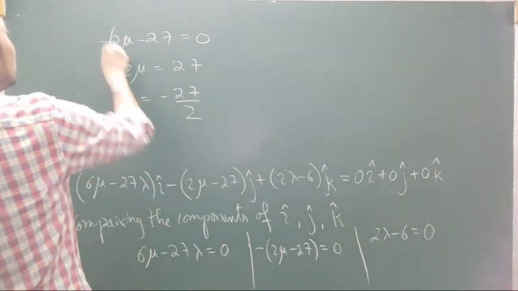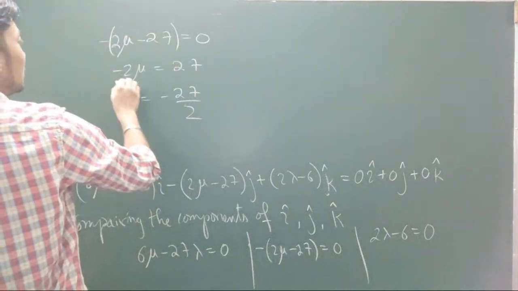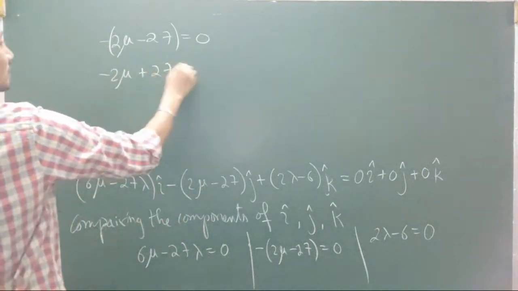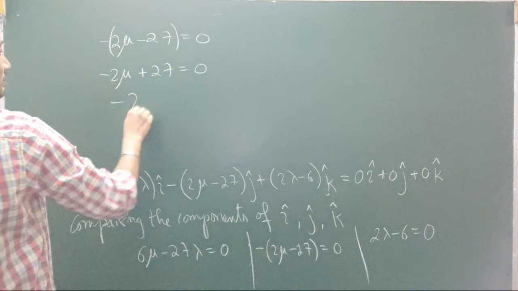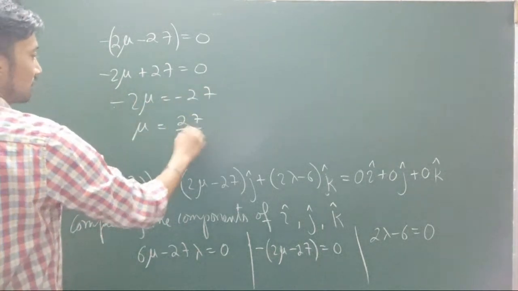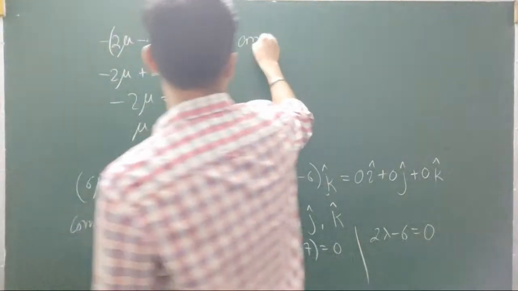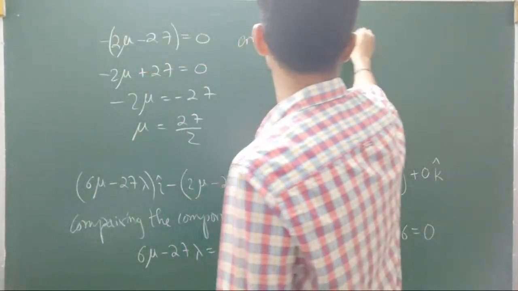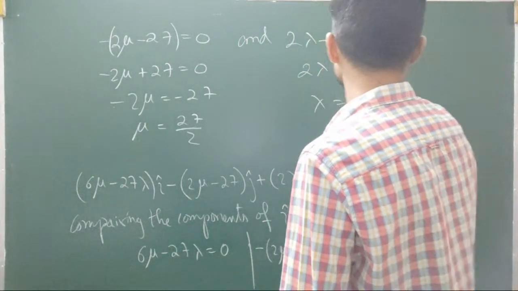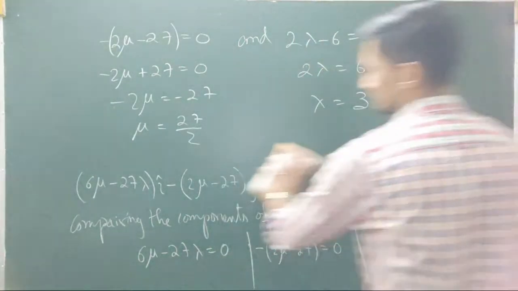Minus 2 mu plus 27 equal to 0, so minus 2 mu equal to minus 27, so mu equal to 27 by 2. And 2 lambda minus 6 is equal to 0, 2 lambda equal to 6, so lambda equal to 3.